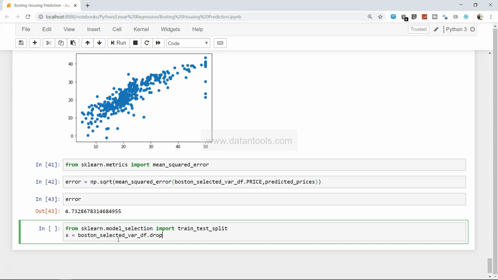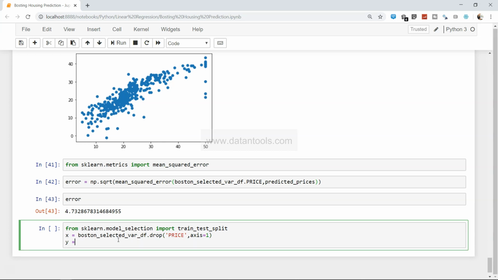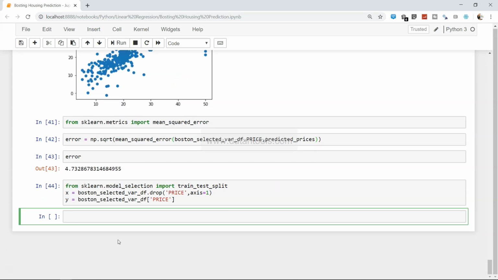So we drop price, and we indicate that we want to drop it from the column, so axis equals 1, and y equals Boston_selected, and we want only the price. All right, and then we will say X_train, X_test, y_train, and y_test.